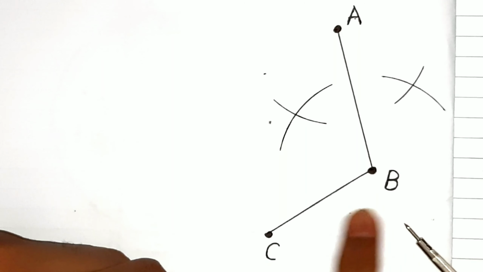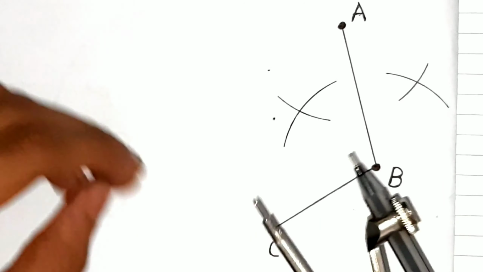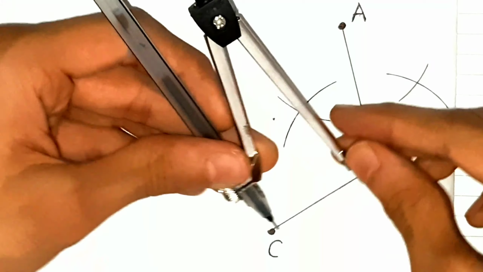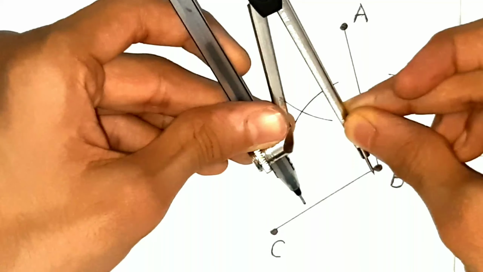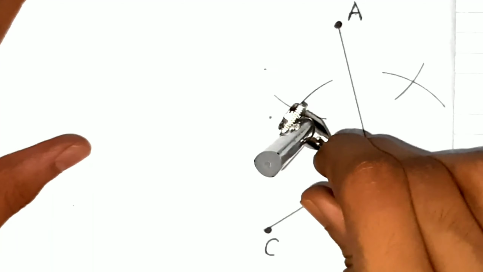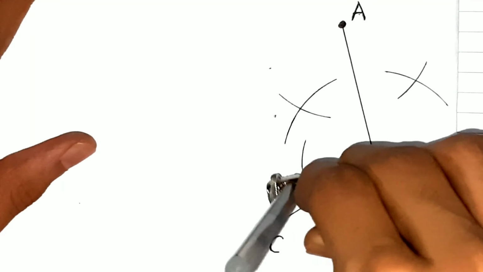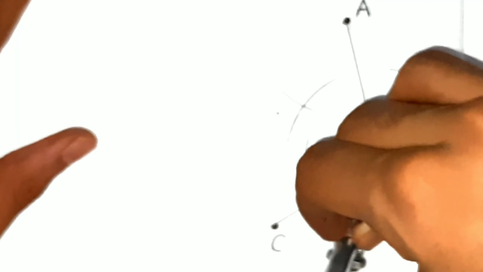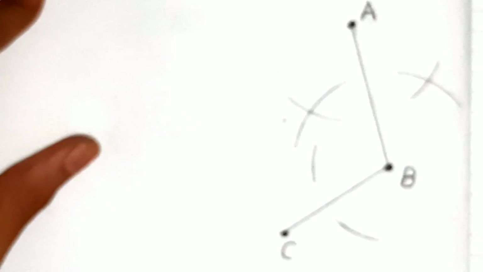We'll do the same with line segment BC, and then we'll join them. So we'll take the radius as more than half of the length of line segment BC. Now we'll draw 2 arcs, one above the line and another below the line.